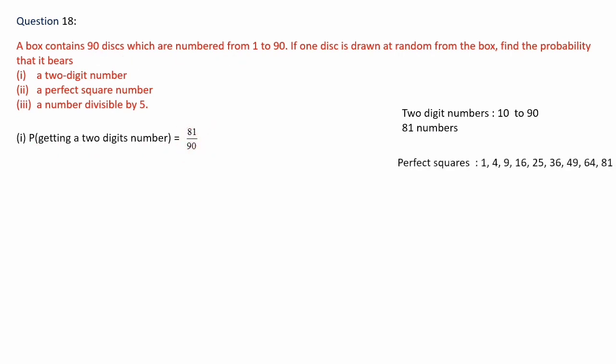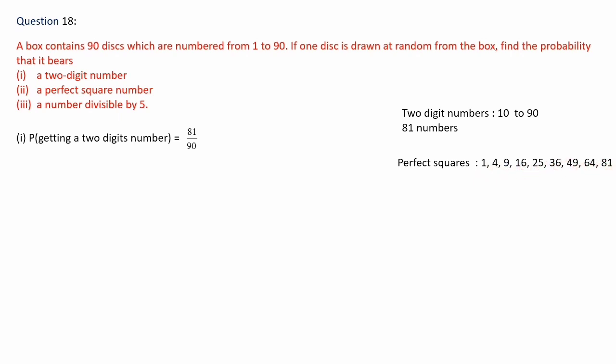Next one, perfect square numbers. Not between 10 and 90, but between 1 and 90. How many perfect square numbers are there? A perfect square number means a number multiplied by itself. So 1 is a perfect square, 4 is a perfect square, 9, 16, 25, 36, 49, 64, 81.